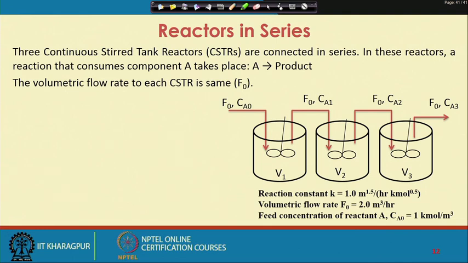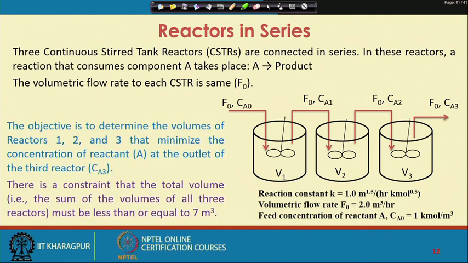What is unknown is the volume of each CSTR, V1, V2, V3, and also the exit concentration of CSTR 1, CSTR 2 and CSTR 3, that means Ca1, Ca2 and Ca3 are all unknown.